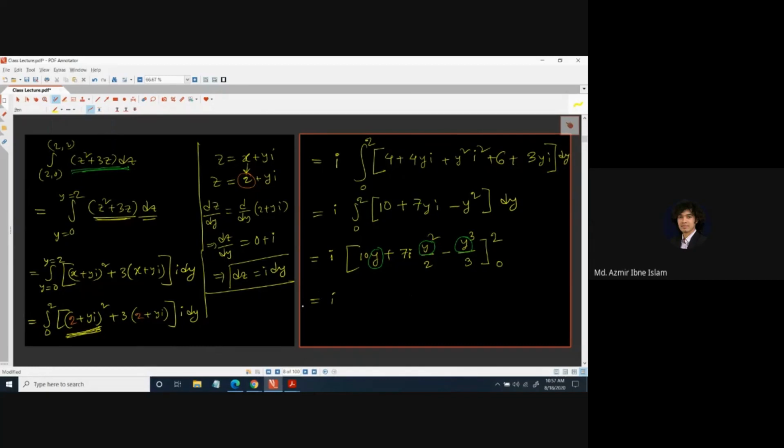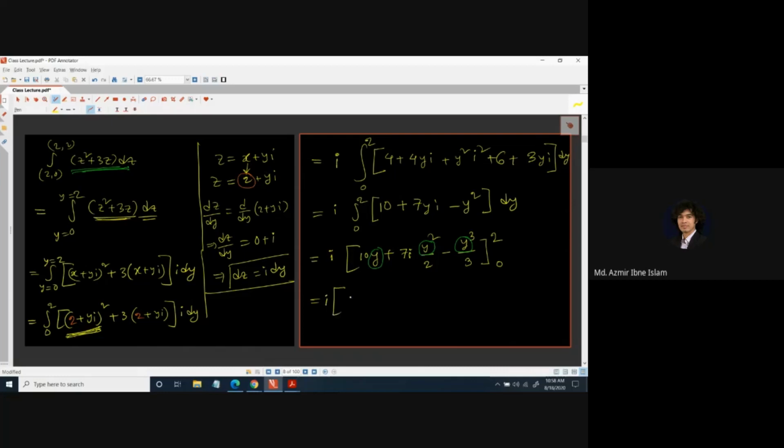Since we are solving complex integrals, the result will obviously be a complex number finally. Do you understand my point? Even if we get lastly 2, it is looking like a real number, but it is actually 2 plus 0i. That is also a complex number. So our result will be in the standard form, a plus bi or x plus yi form.